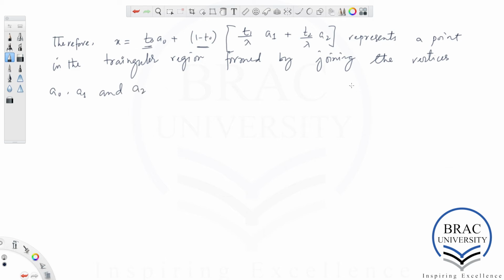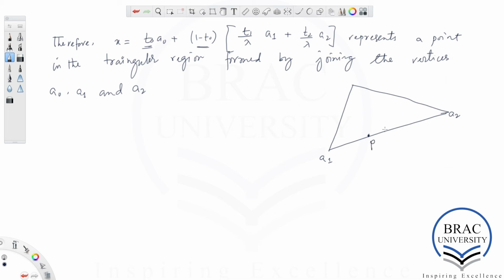So let me draw the figure again for clarification. We start with A1 and A2 and pick any point lying between these 2 points along the line segment joining them.